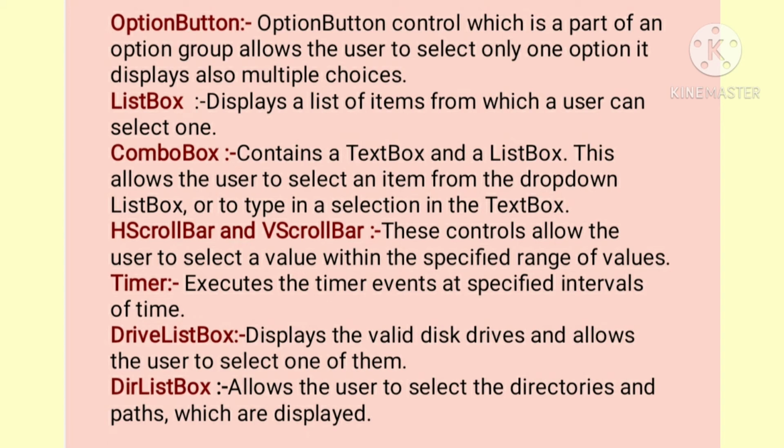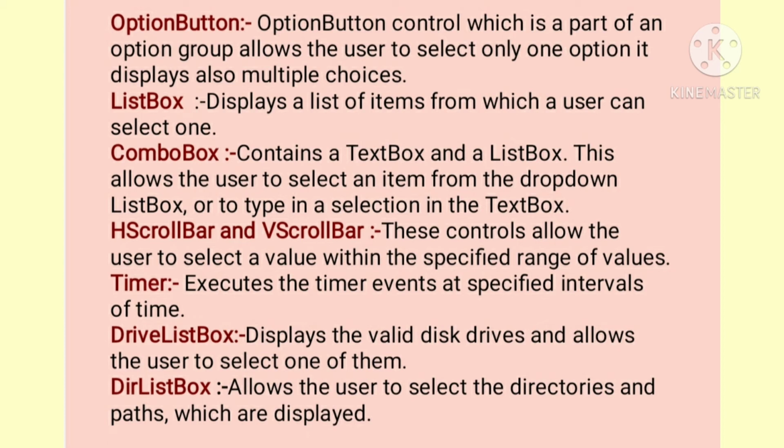It displays a list of items from which a user can select one. Combo box. It contains a text box and a list box. This allows the user to select an item from the drop-down list box or to type in a selection in the text box.